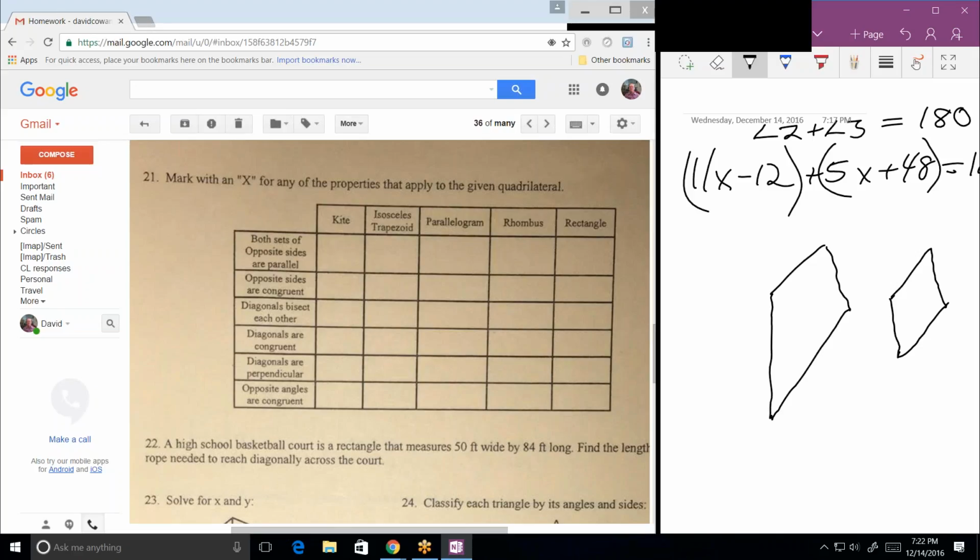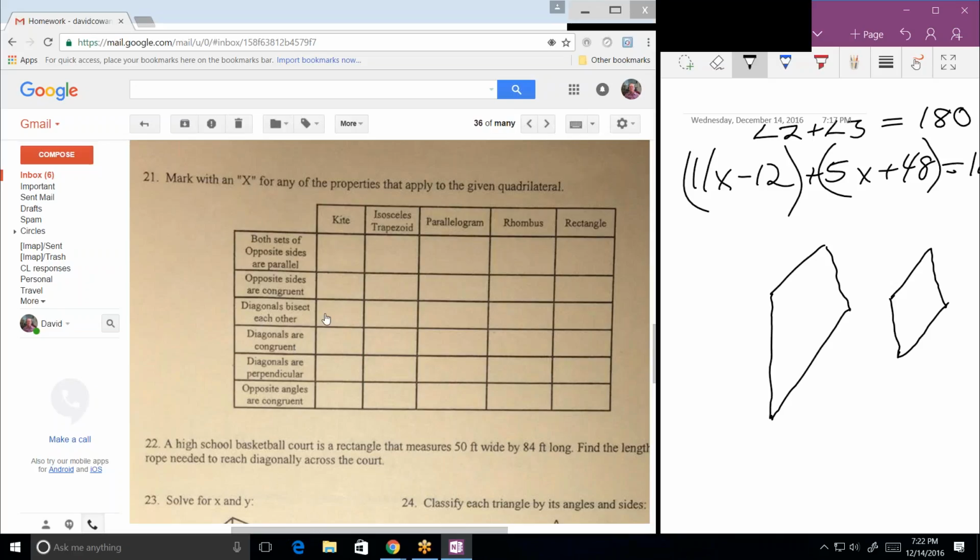If I draw the exaggerated kite, then clearly my opposite sides are not parallel, right? You can see it with an exaggerated kite. If I draw the kite on the right, well, those opposite sides do look parallel, so I can't really tell. So whenever you're doing these, draw exaggerated if you can. You'll be able to answer the questions much easier.